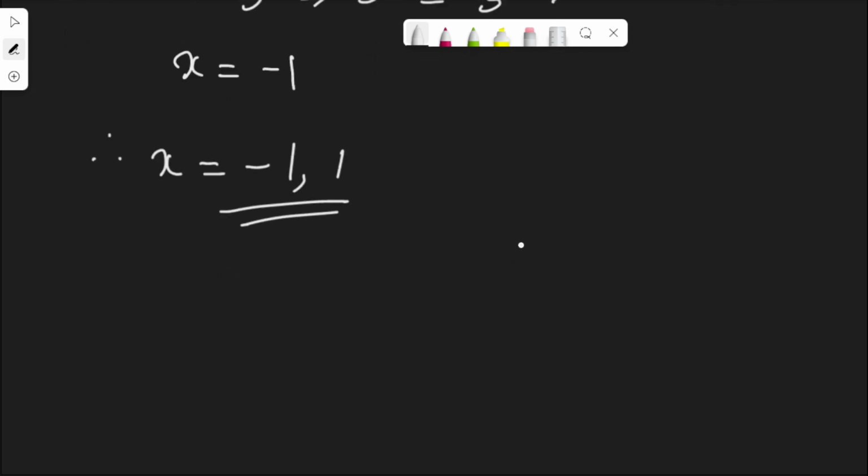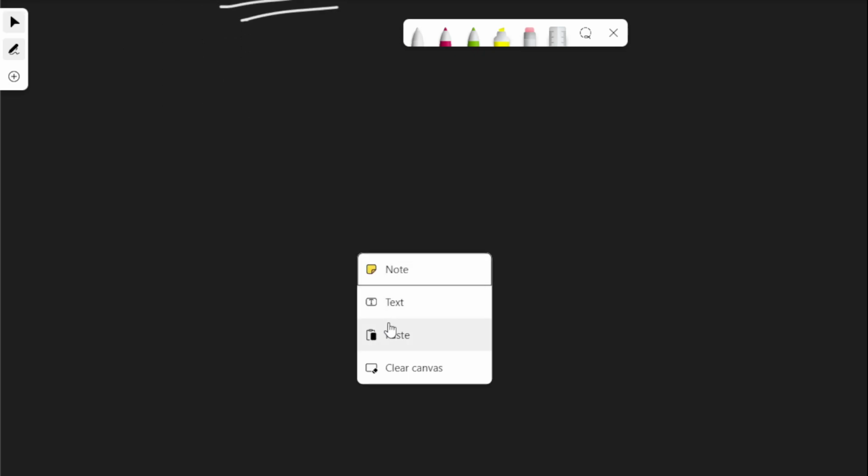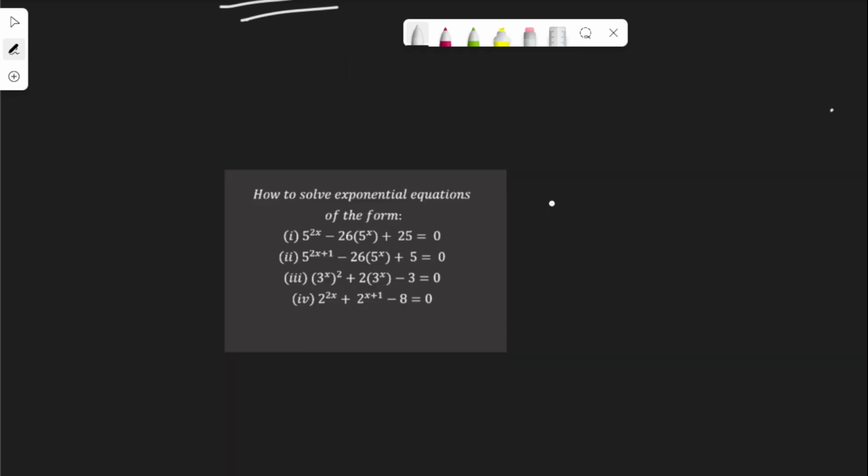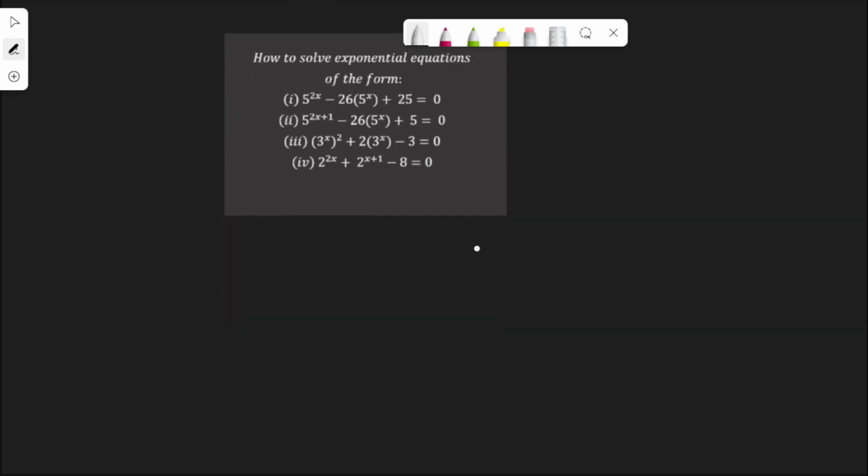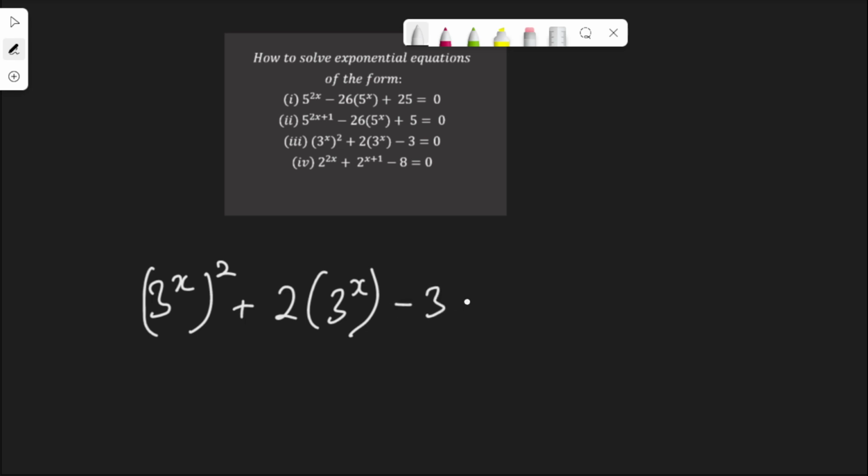Let's move on to question number 3. For question number 3, it says 3 to the power of x squared plus 2 multiplied by 3 to the power of x minus 3 is equal to 0.